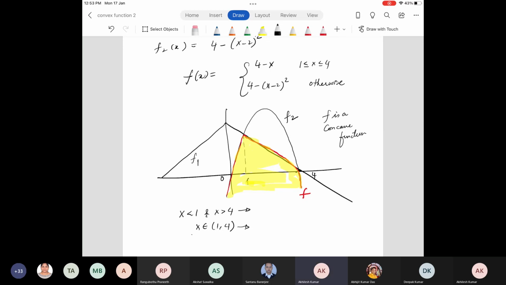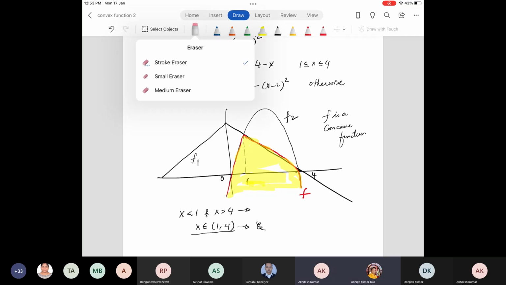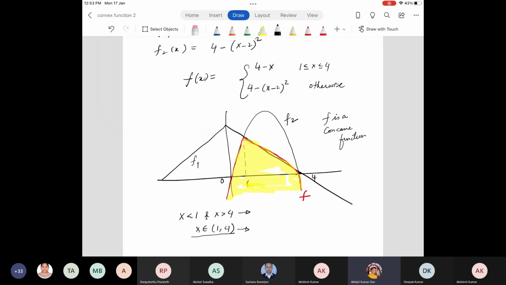So let's start with the easier one. If x is between 1 and 4, what is the subgradient? Eta equals? I hope it is called eta only, right? Minus. What is eta when x belongs to 1 to 4? -1. You just need to differentiate this function.